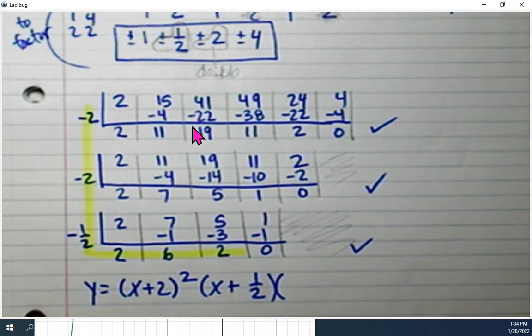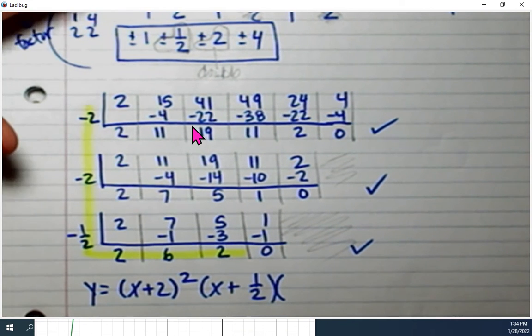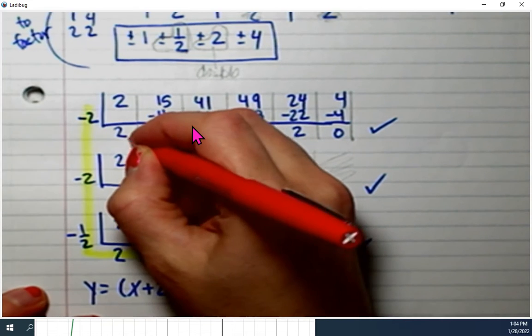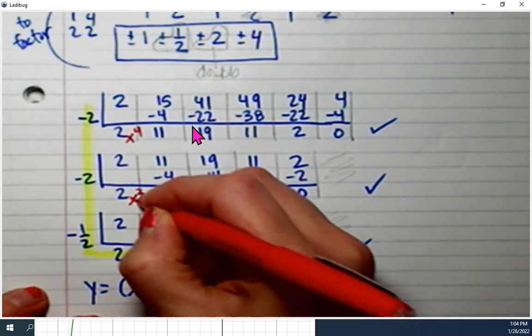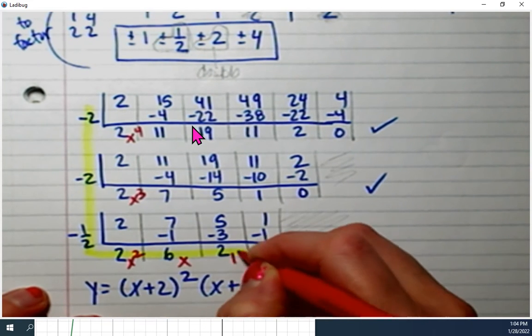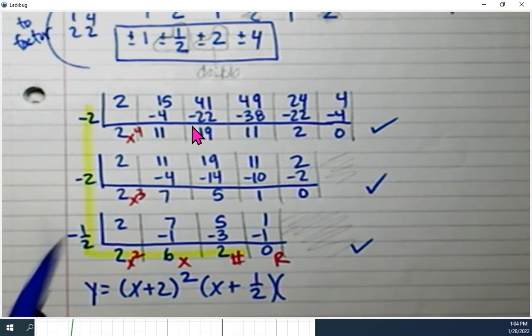All right, so now I have to think. I started with a 5th degree, and I divided 3 times. So if you have a 5, you've got a degree of 2 left, because you have to decrease it 3 times. So this would have gone to a 4th, 3rd, so that means that this is squared.